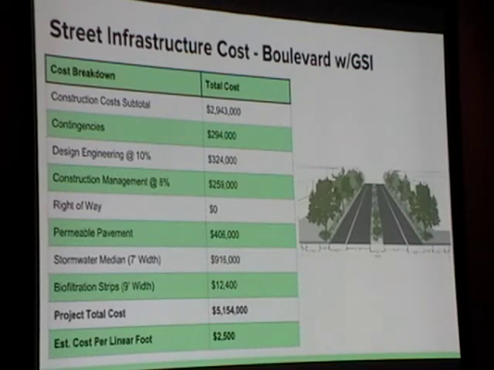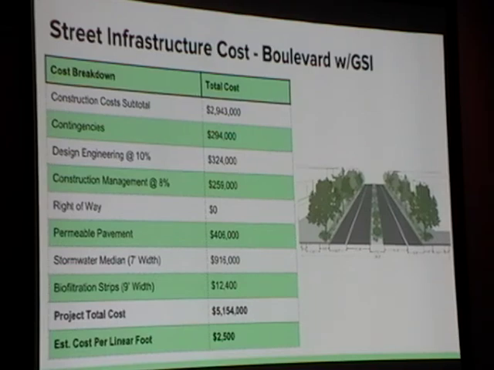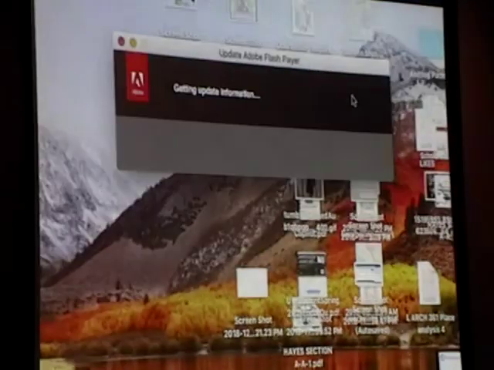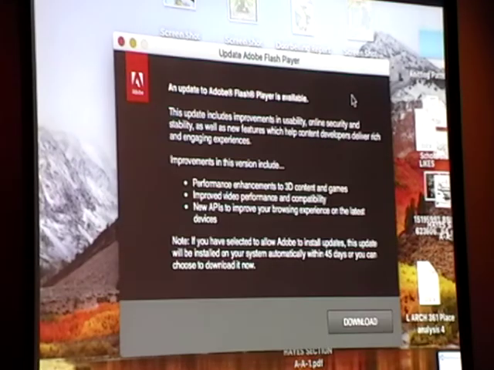I should note that we got the cost estimates for the biofiltration strips, the permeable pavement, and the median from an EPA website. We combined all the elements that go into a stormwater median, and that's how we determined the cost estimate. So that brings the project total cost to $5,154,000.